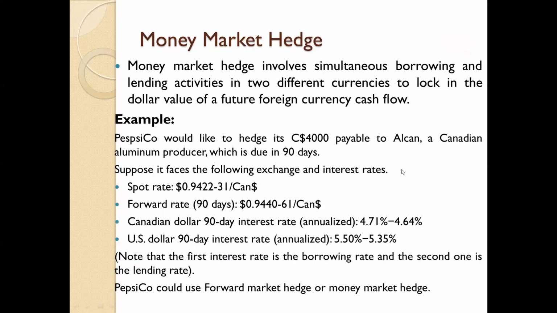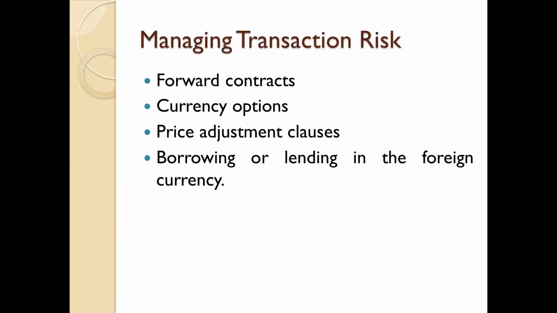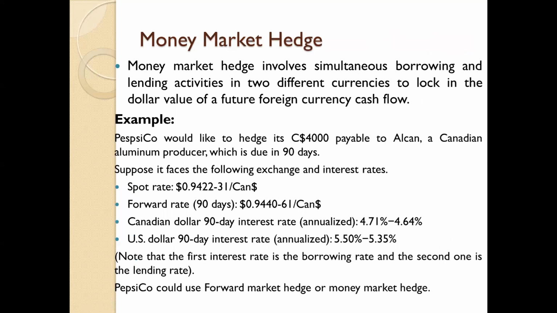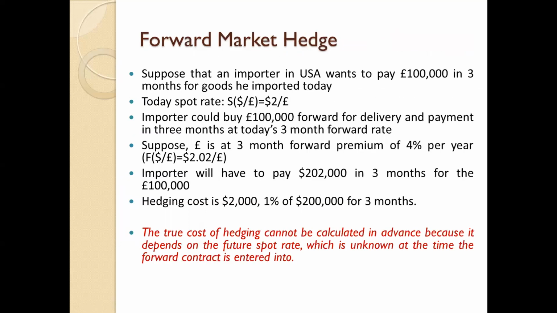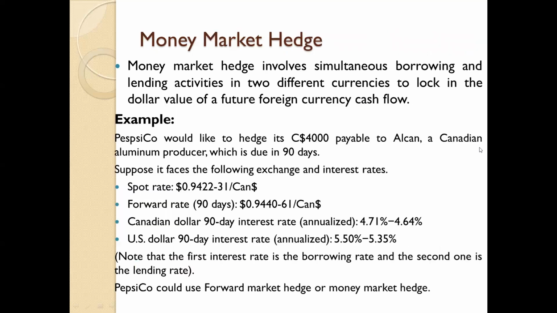Right? Another form of hedging for the transaction risk, besides the forward contract, is the money market hedge. Under the forward contract, we go for a forward buying contract or forward selling contract based on the requirement, as well as by looking at the forward premium or forward discount rates.